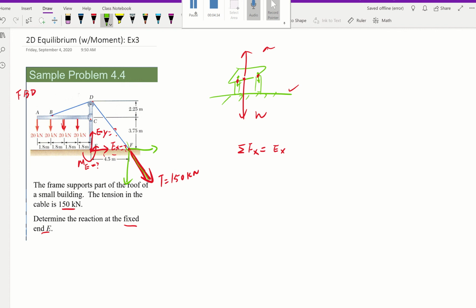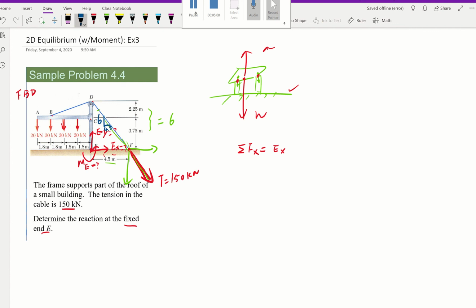Since this is the same line as this line, let's add those together. That's going to give us 6 meters. And this is 4.5. I'm sorry, this is 6, and this is 4.5. Let's simplify that.